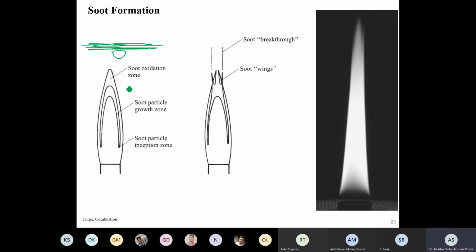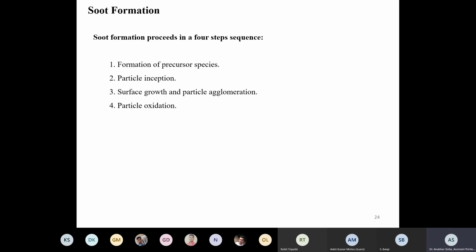Let us also talk about what soot is. In soot formation, there are four distinct stages. First is the formation of precursor species. These are not actually soot, but they combine together and form soot. Soot is basically black carbon particles of different aromatic compounds. I don't want to go too much into detail because we would need one lecture for soot only.